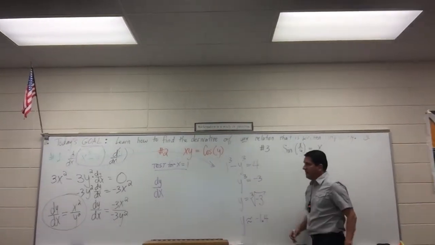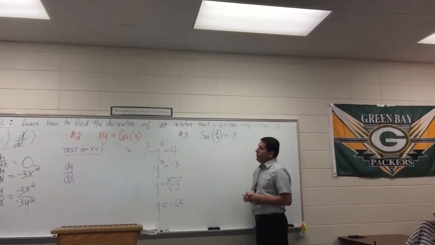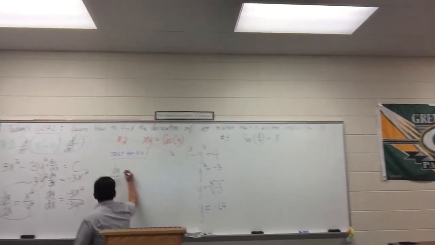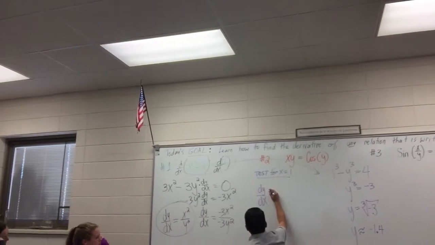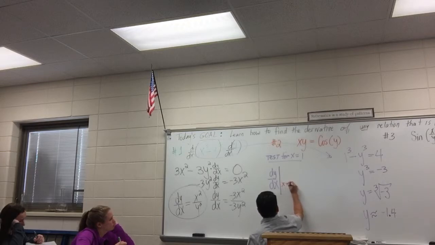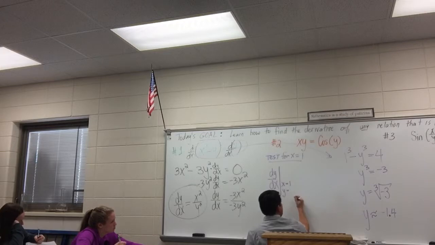We're just estimating here. So I want to know what the slope is. Look at this, this is the new notation. dy/dx, and then I'm going to draw a vertical line here. And I'm going to write x equals 1 and y equals the cubed root of negative 3.